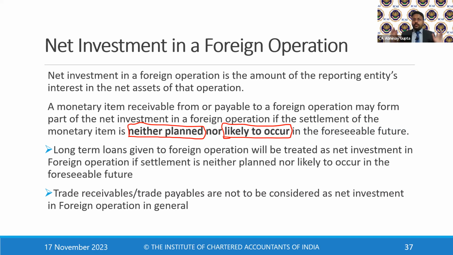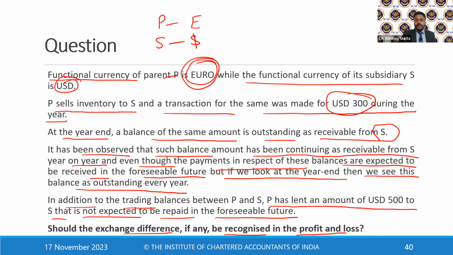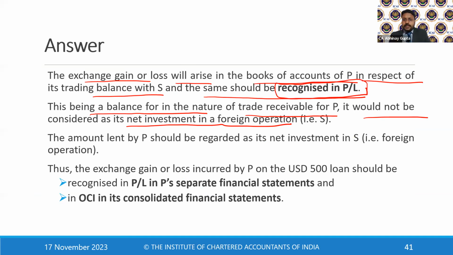Hence, that balance will not qualify for the net investment in the foreign operation, right? So if it is not planned, then only it will be net investment. Now for a trading balance, this condition is not getting satisfied. Hence, this is a trading balance, so it is not to be treated as a net investment in the subsidiary or the foreign operation.